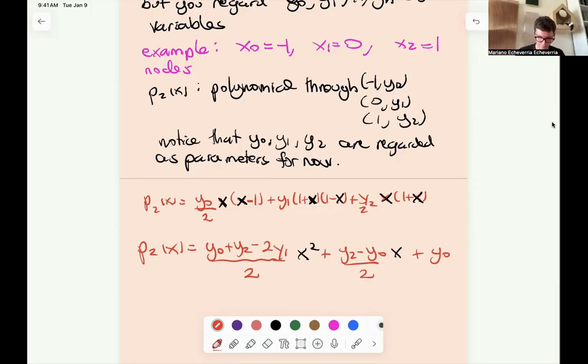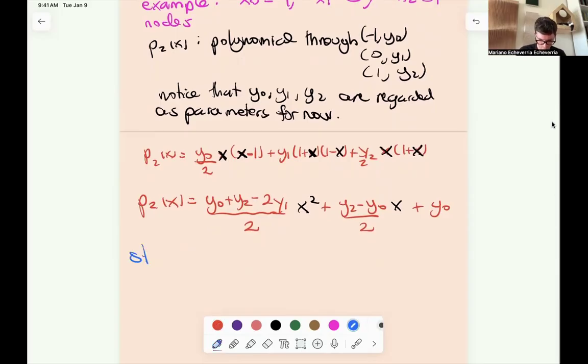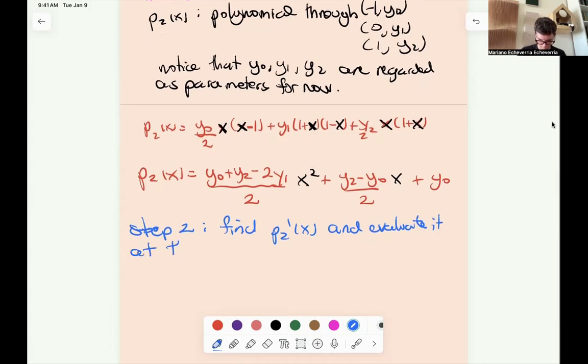So step two is to find the derivative and evaluate it at the three nodes, which in this case are x0 equals -1, x1 equals 0, and x2 equals 1.